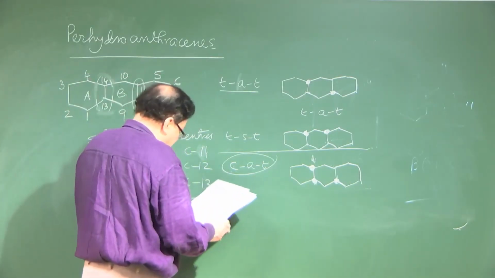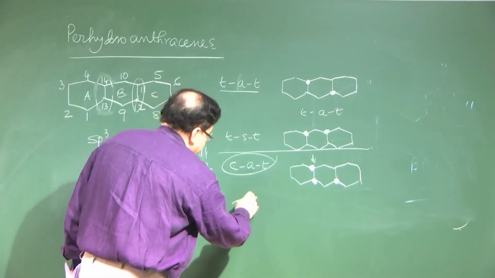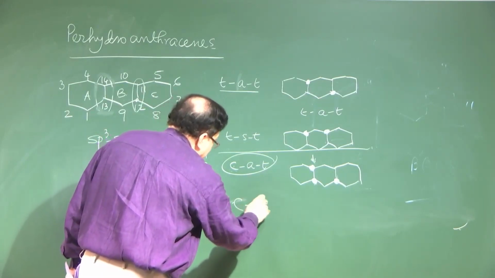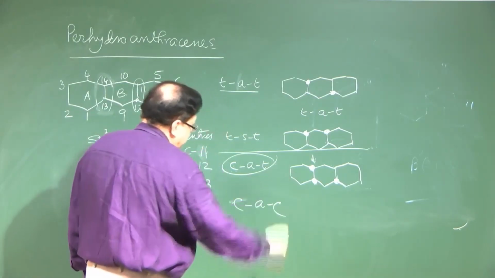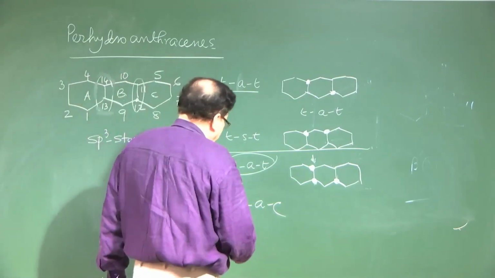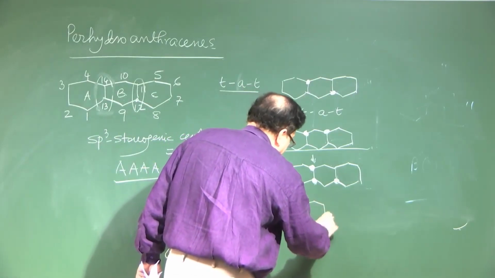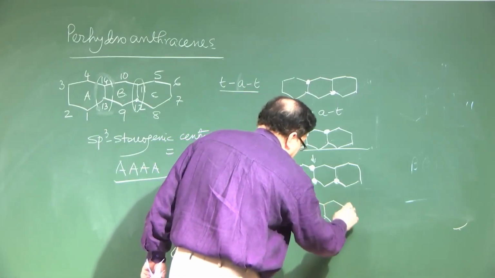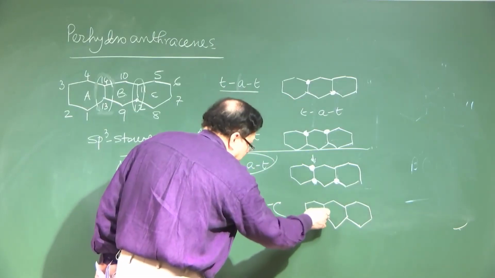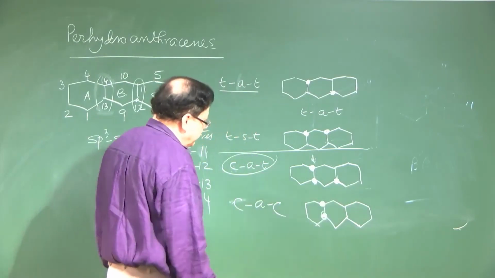Then you have some more. Now you have CAC, that is a possibility, change both, so that will become cis, that means both beta, then anti, do not draw it, and then cis.